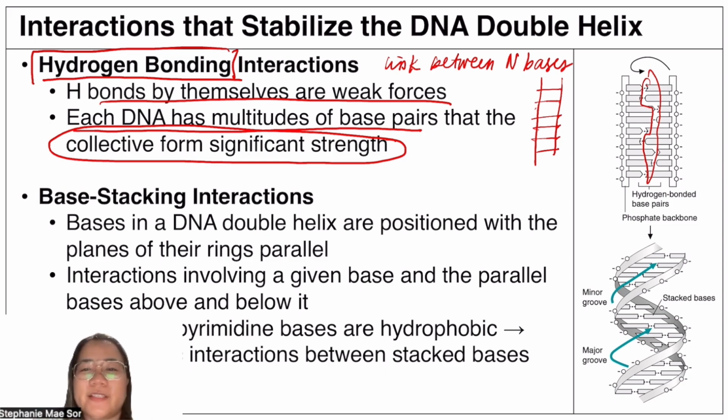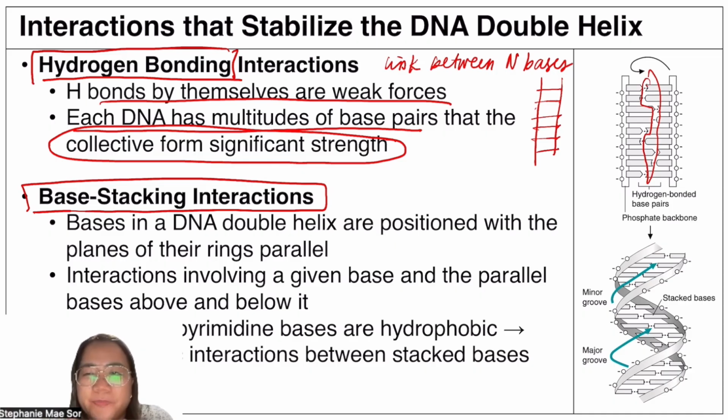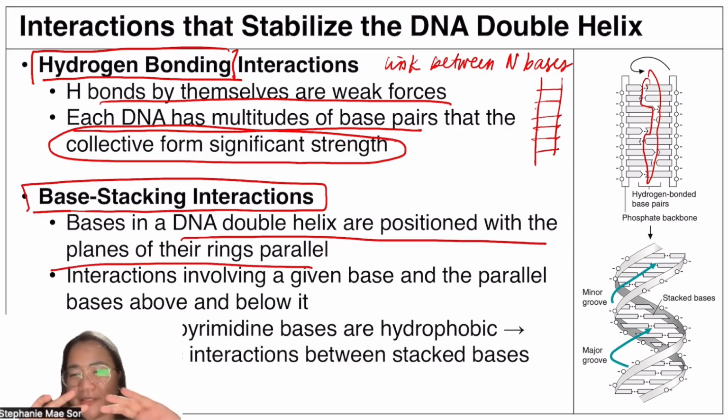Okay? Next, another interaction is the base stacking interaction. So, ito naman yung sa structure naman ng DNA double helix natin. The base stacking interaction is because of the positioning of the bases. The bases in a double helix are positioned with the planes of their rings parallel, kasi di ba you have your purines and your pyrimidines ring, tapos naka-parallel sila. So, merong interactions between the bases above and the bases below a certain base. Diba? Meron siyang interaction with the bases above it, meron siyang interaction with the bases below it.